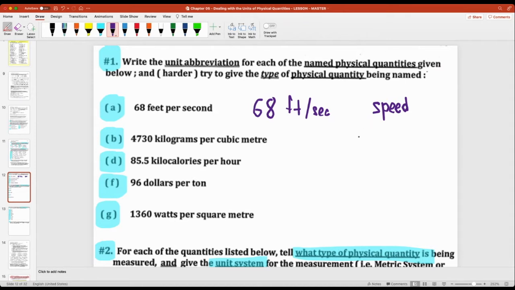because velocity has direction in it. Okay, 4730 kilograms per cubic meter. So we have kilograms per cubic meter. Any suggestions on that? Okay, there's a lot of good answers there.